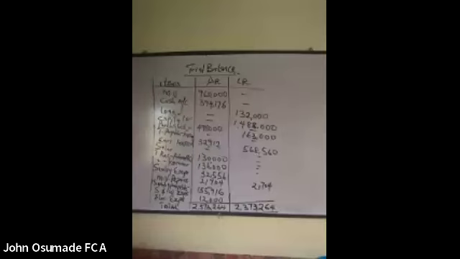Sometimes, in the exam hall, you might not be able to identify it immediately. What do you do? You don't panic. You open an account and call it what? Suspense account. You suspend it.